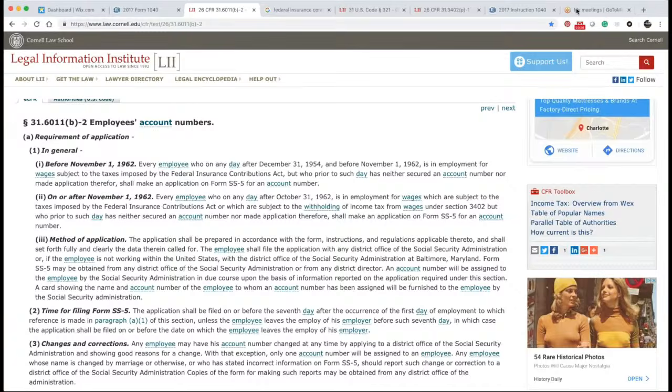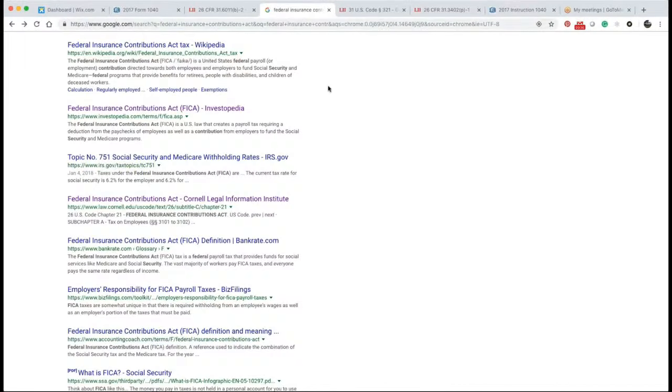So what's an account? Yeah, they call it an account number. And they also said Federal Insurance Contributions Act. That's FICA.